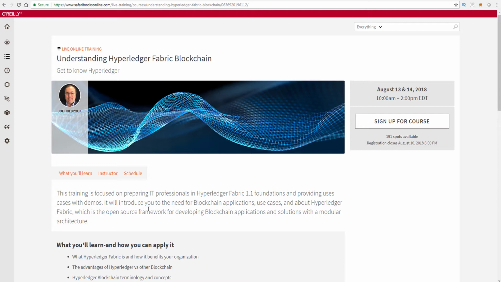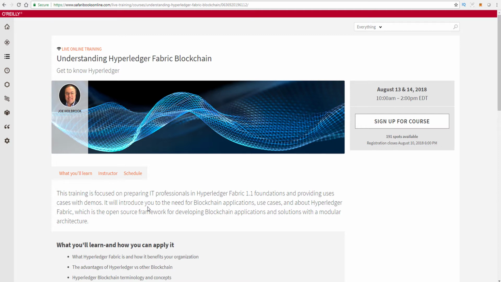Now, this is going to be focused for IT professionals that would really want to understand what a blockchain is, but also why Hyperledger is really the permission-based choice when it comes to blockchain technology.